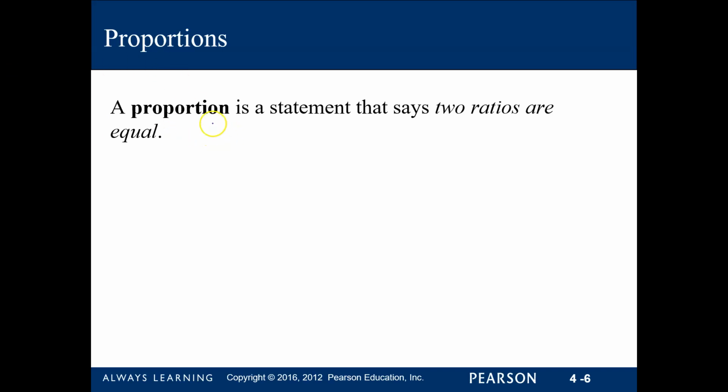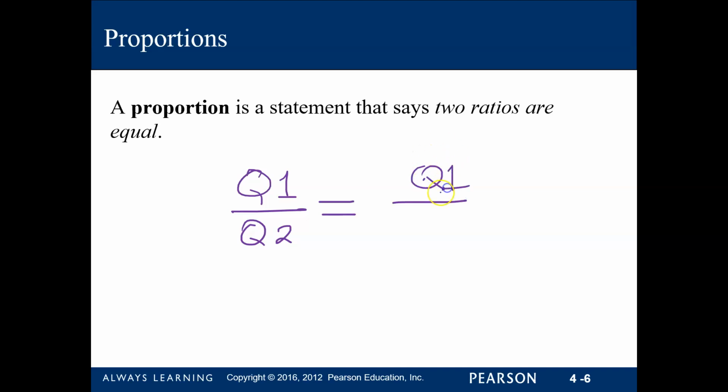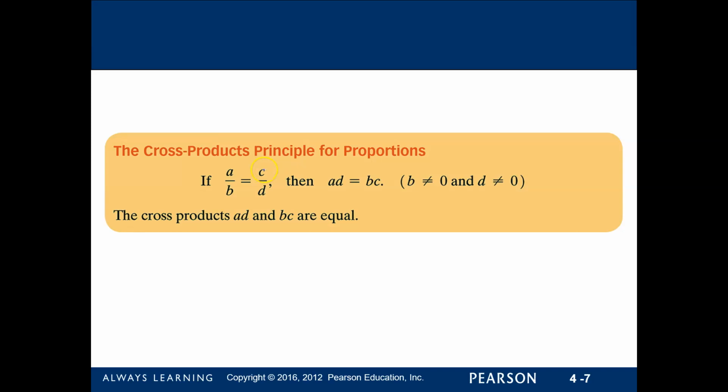In the case of proportion, whenever you have two ratios that are equal, let's say quantity 1 was mentioned first over quantity 2, then the other ratio should also be written as quantity 1 over quantity 2 to make sure that the statements are equal.